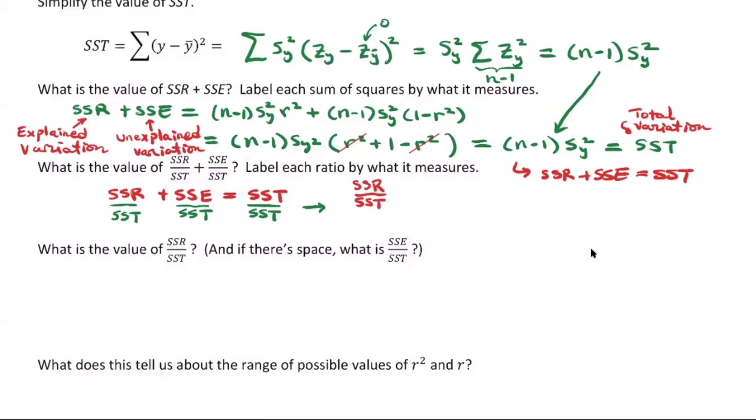Okay, that proportion of variation that's explained by the number of automatic weapons plus SSE over SST, that proportion of total variation that's unexplained by the number of weapons in the city. What do those add up to? One. 1, correct.